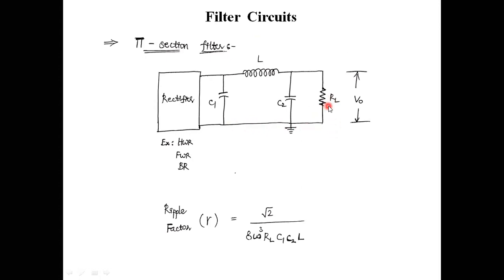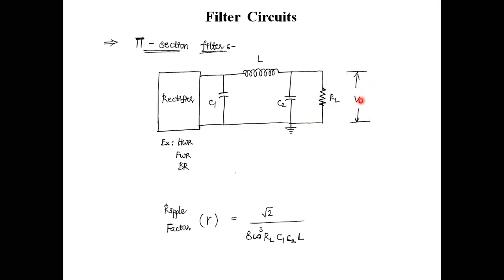Adjacent to capacitor C2, one more resistor is placed, that is load resistance RL. Across the load resistance RL, we are going to have the output voltage V naught.